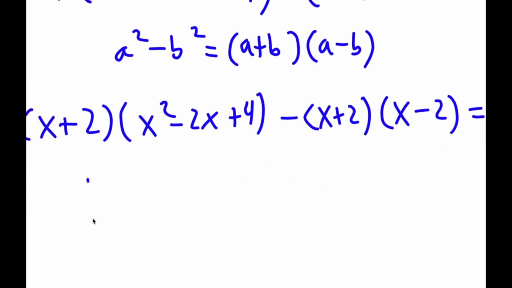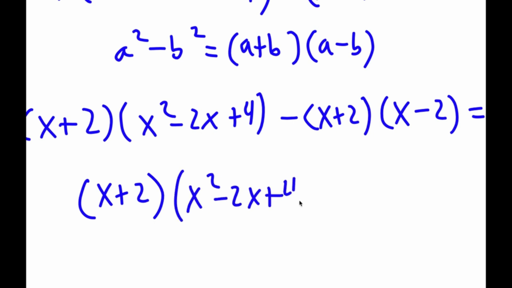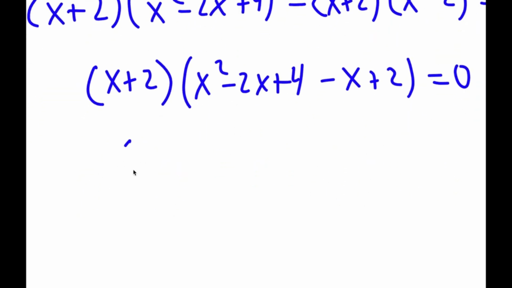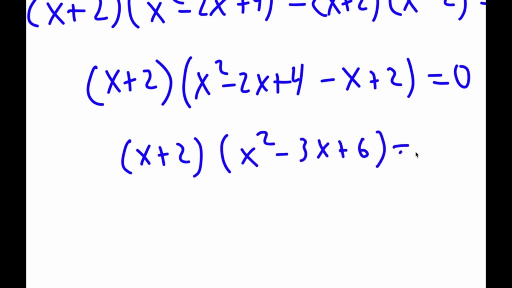Now from here, if I factor out x plus 2, I get x plus 2 times x squared minus 2x plus 4 minus x plus 2, which is equal to 0. And this simplifies to x plus 2 times x squared minus 3x plus 6 is equal to 0.